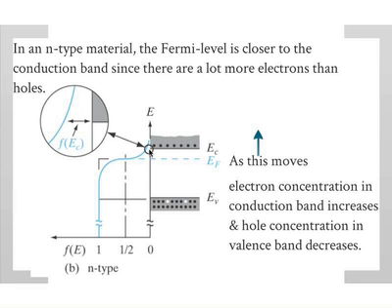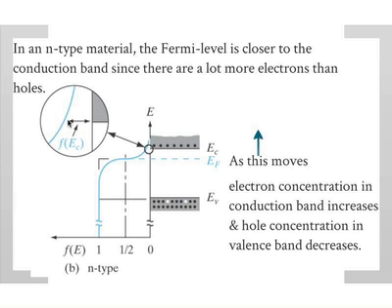Of course, you can also conceptually see this, right? If you zoom in here, the probability that there are electrons here is this probability. The electron concentration is equal to the probability from the Fermi-Dirac distribution, which is the probability that any energy level is occupied, multiplied by the number of available levels. So when the Fermi level moves closer to the conduction band, this f of c increases, right?